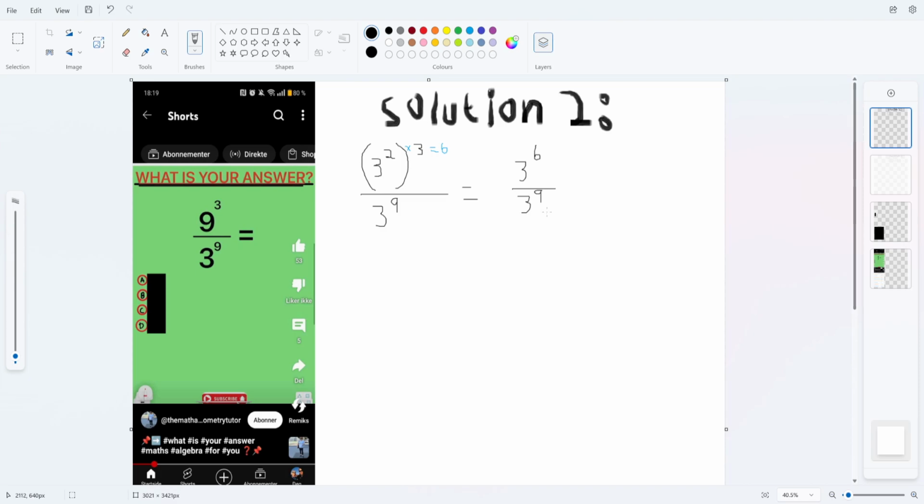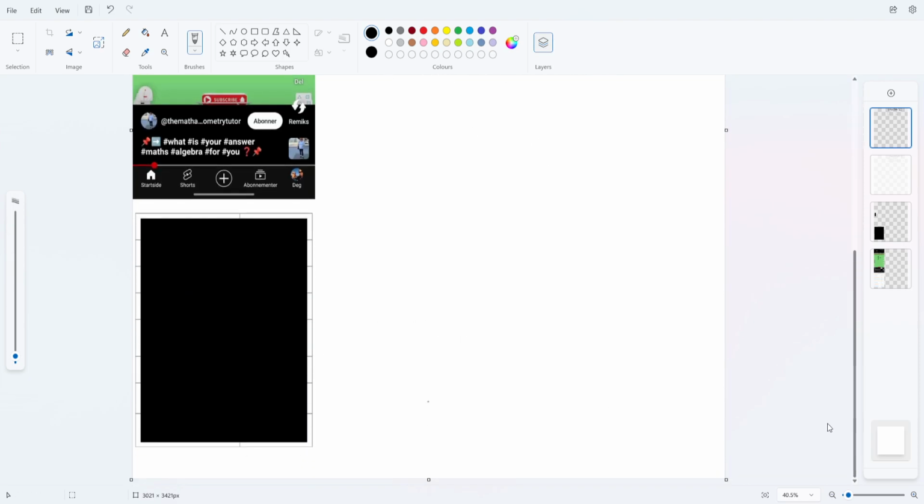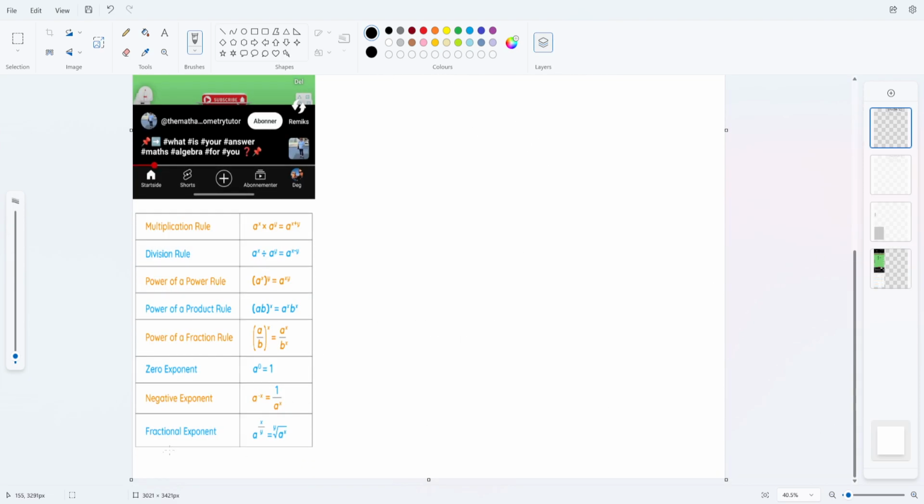And then, as I told you, we have some different rules. So now, if you look closely, do you have something here that could resemble it? Do we have something close to that? Yes, we have the division rule now. And that's what we're going to use.